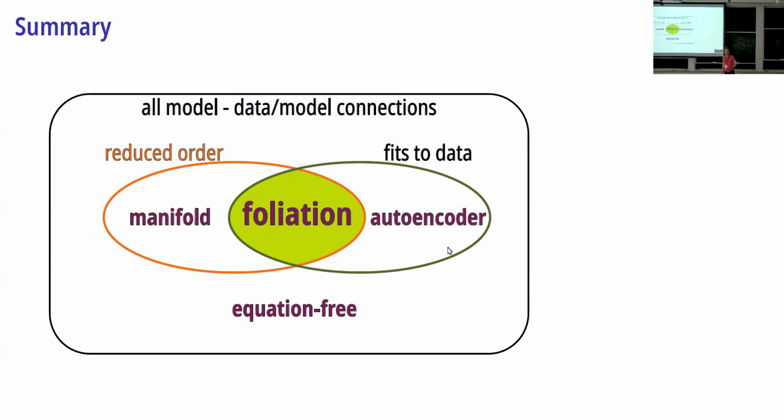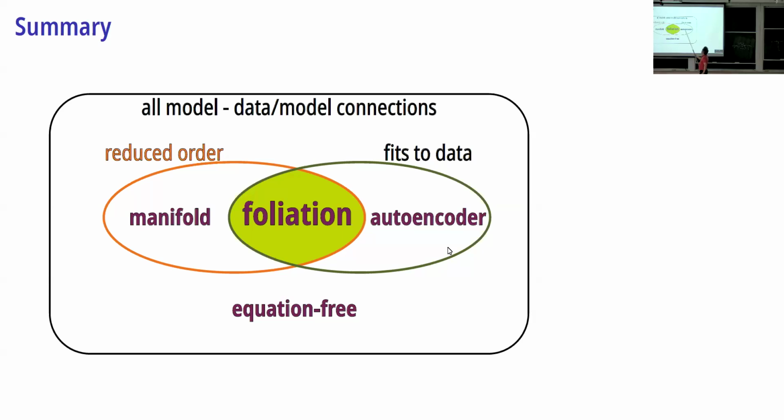All right, so what I didn't tell you about, but you already know, is that obviously the autoencoder can also be fitted to data. But we can characterize these 4 possibilities into which one is a reduced order model, right? Well, the reduced order model is an invariant manifold and the invariant foliation in the sense that it gives you invariance and reduces the dimensions. But there's another set which can be fitted to data.